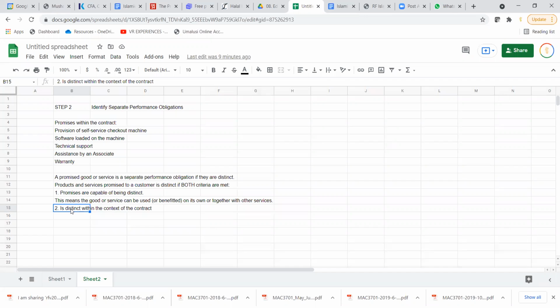So given the context, it implies that the software and the machine are not distinct within the context of the contract. Therefore, it does not meet point number two. Therefore, it is not distinct, and therefore it is not a separate performance obligation. So therefore, these two so far are one performance obligation.